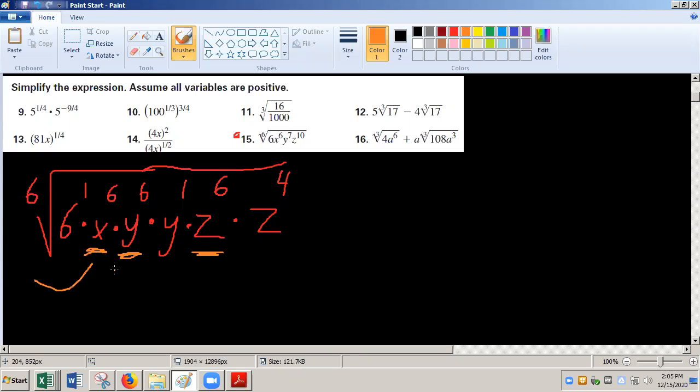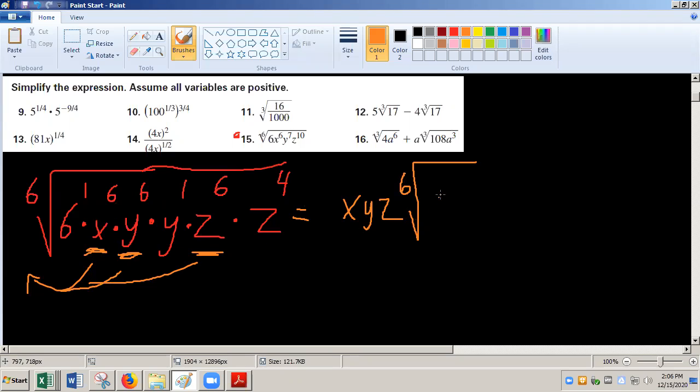Those are all going to come on the outside of this problem. So it's going to look like x times y times z, and then I've got my 6th root of, and then what's trapped inside?